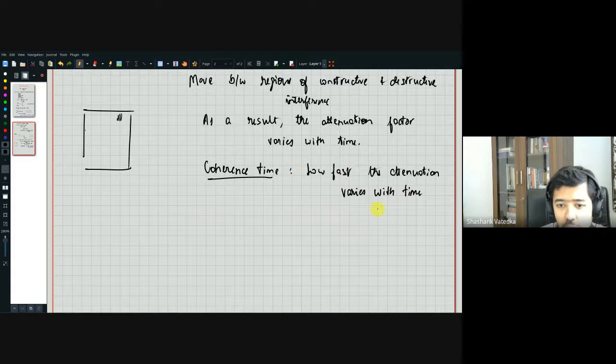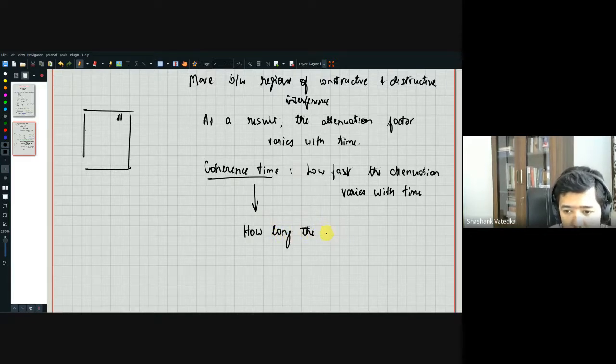So this is a very loose definition of the coherence time, but maybe a slightly more precise definition is how long the attenuation factor, or coefficient, remains roughly the same.